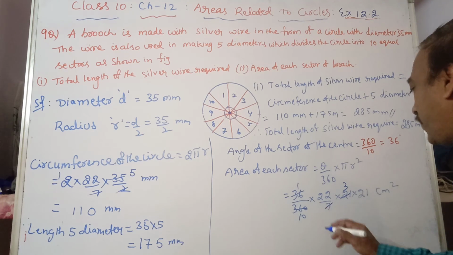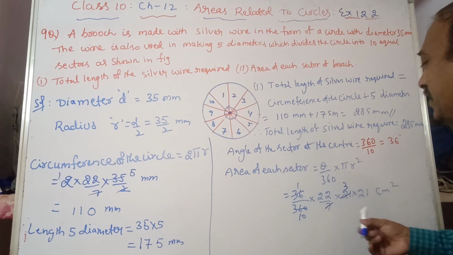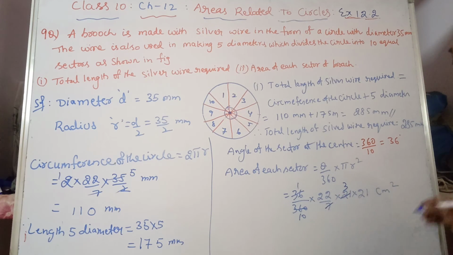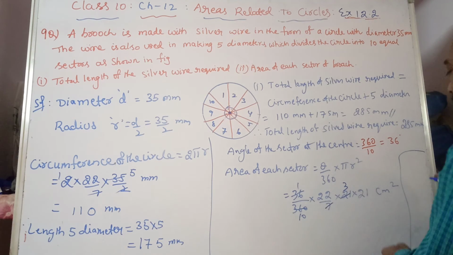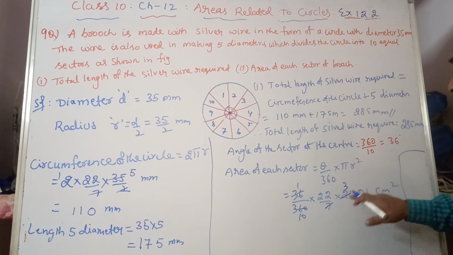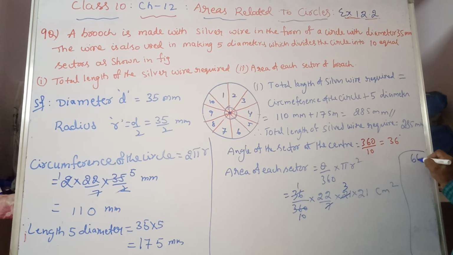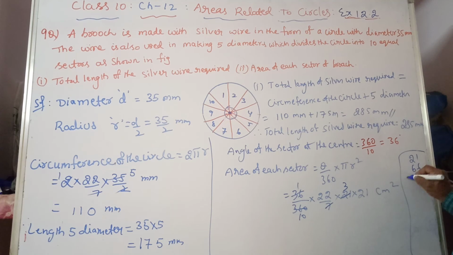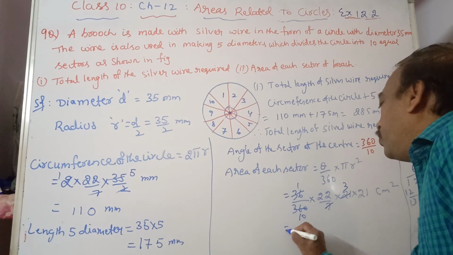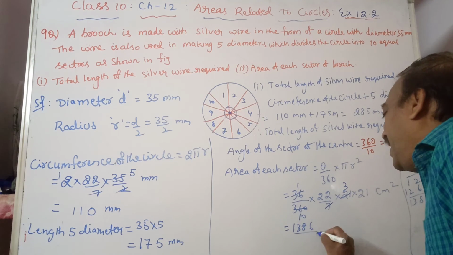Now we can still simplify it, or else you can convert this into decimal form also. 21 into 21, either you can cancel or you can simplify it. 22 into 3 is 66, and into 21, 66 into 21 is 1386 by 10.